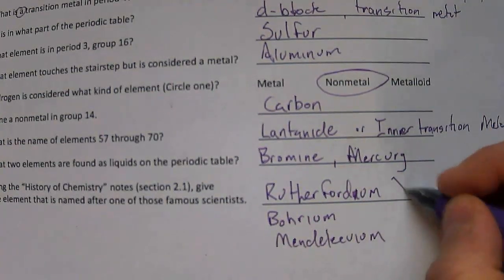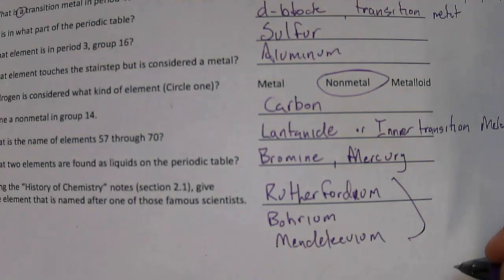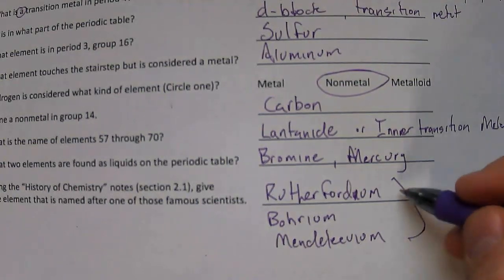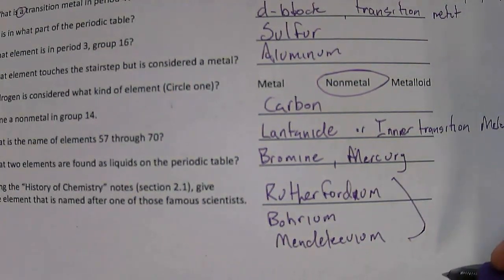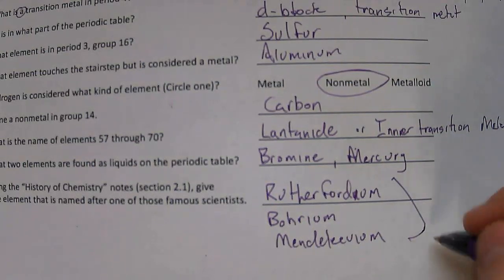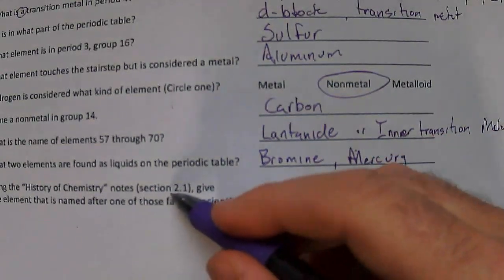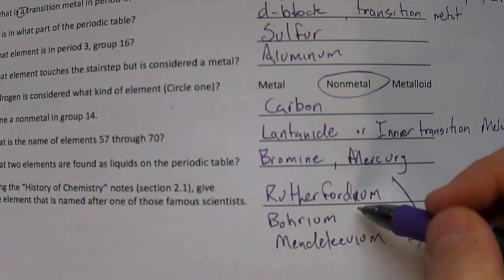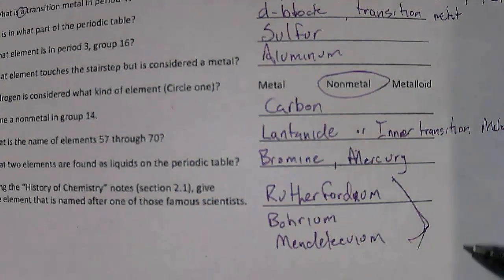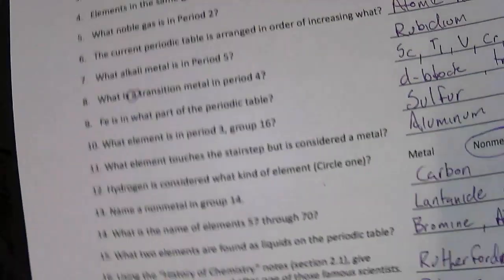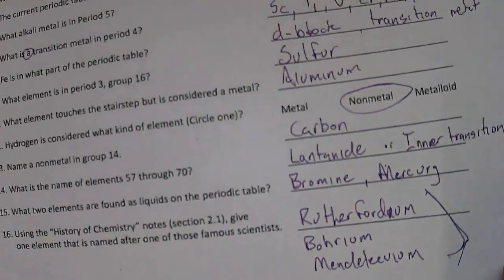These guys were so pivotal in determining the structure of an atom and the periodic table that we have elements named for them. There's a whole bunch of elements named after people, but those are the three that specifically refer back to people from the history of chemistry. So, okay, so there it is. That's the answer key to the periodic table vocabulary sheet.